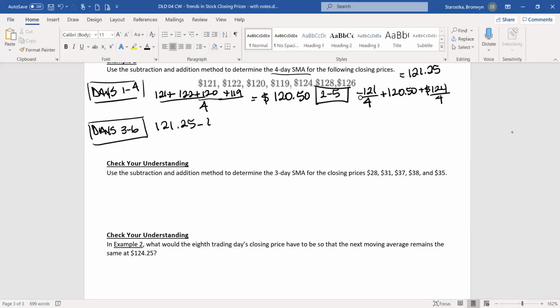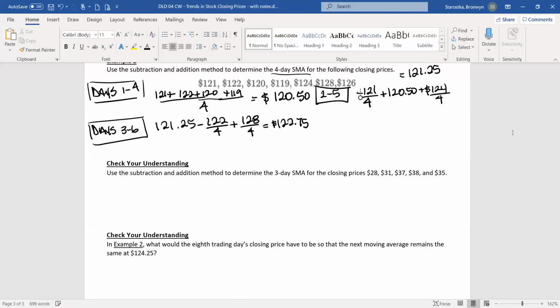So 122 over 4. And we need to add in day 6, and day 6 is 128 over 4. And that's going to give us an average of 122.75.